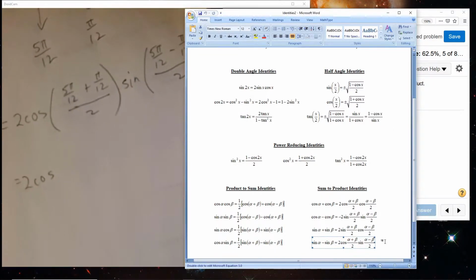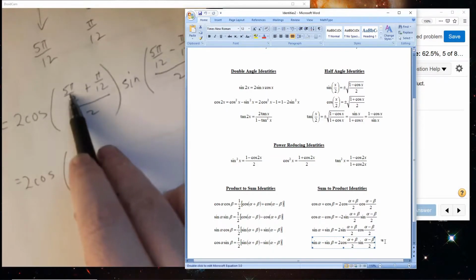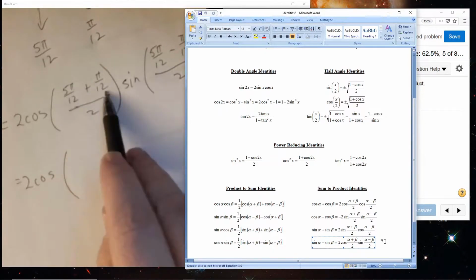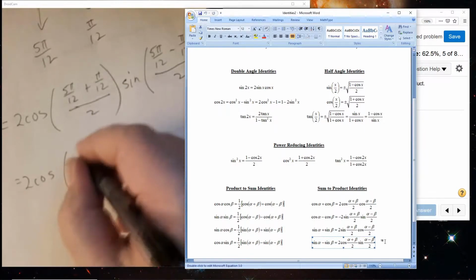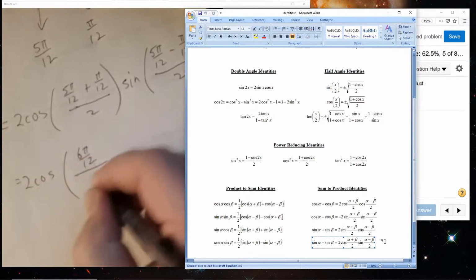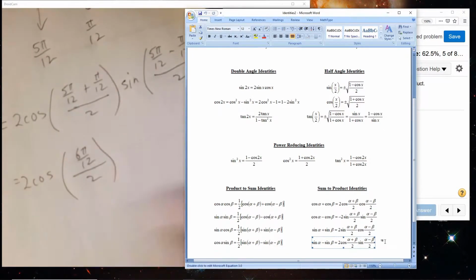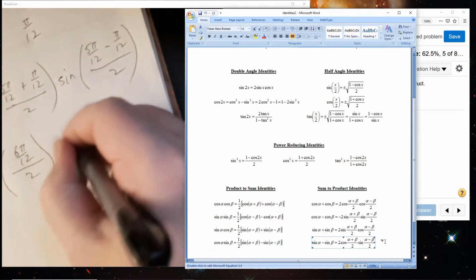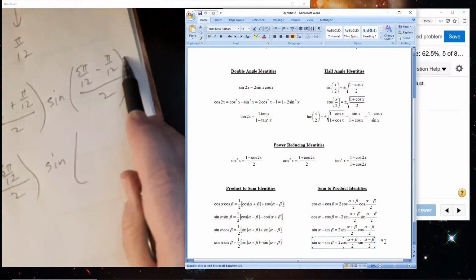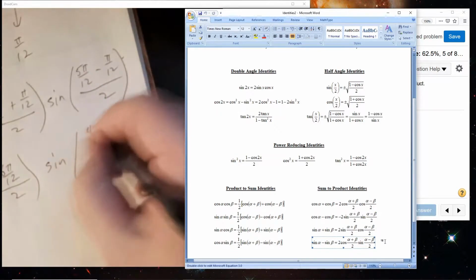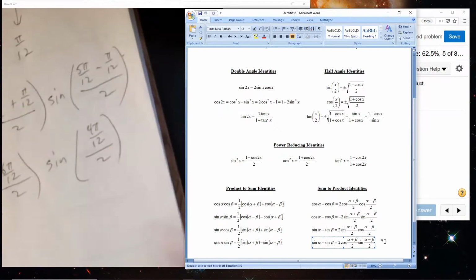So just in case you didn't catch it last time, they both have 12 as a denominator, so we can add this together. 5 plus 1 is 6, so we get 6 pi over 12. That's still all divided by 2. Now we have 5 minus 1, which is 4. That's still all divided by 2.